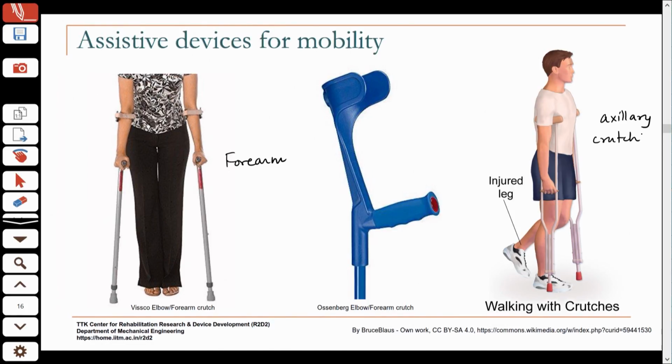And sometimes long term use of this kind of a crutch can actually cause problems with your shoulder, shoulder pain and things like that. But in many cases for short term use they would be fine, these assistive devices.